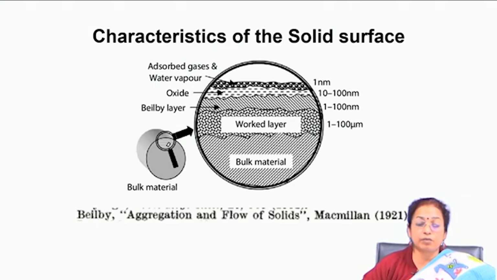But in a normal environment, you will find a lot of adsorbed gaseous species. If you talk about metallic materials which are highly reactive in nature, naturally there is the phenomenon of chemical adsorption, chemisorption. So, near the surface there is always some oxide or compound layer formation, and below that compound layer you will find a very thin amorphous layer which does not have any structure actually.